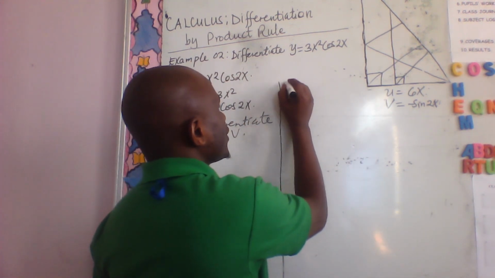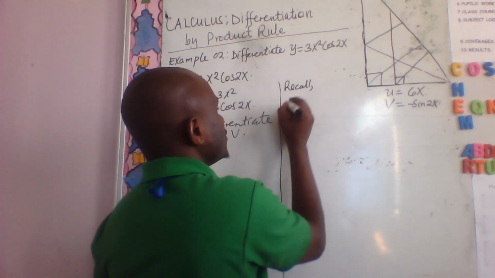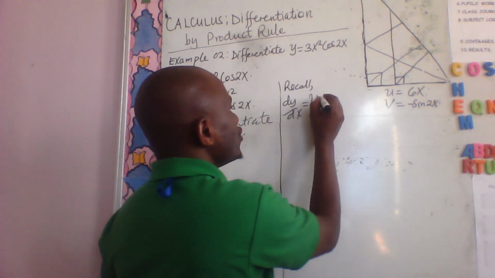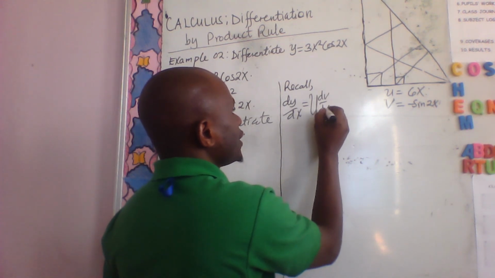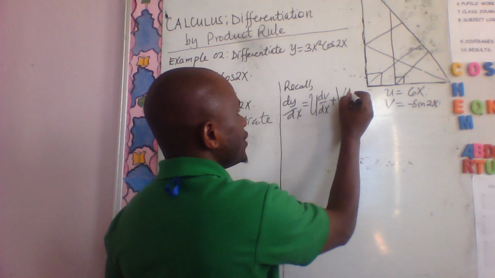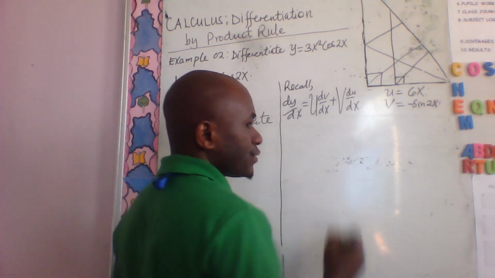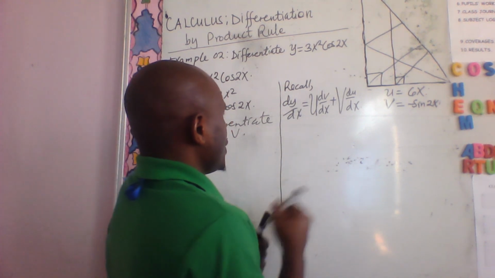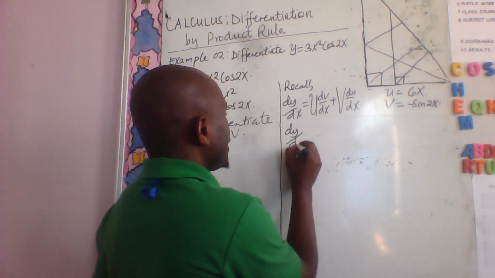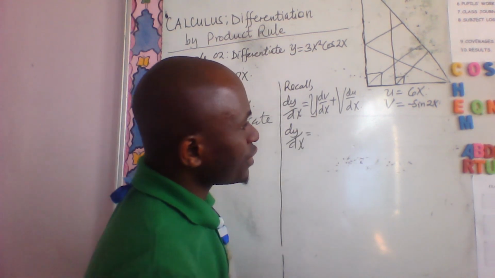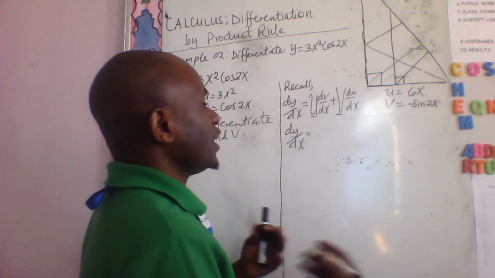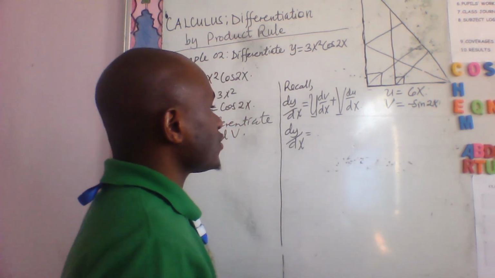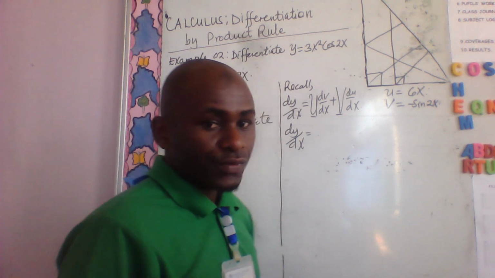Let's recall: dy over dx is equal to u dv over dx plus v du over dx. So we are supposed to proceed. So dy over dx is equal. We are supposed to place the value of u and the value of v, then multiply with its derivatives in order to get the product.